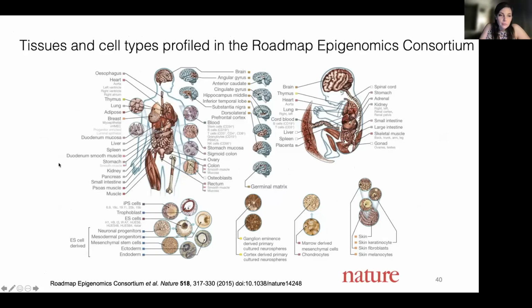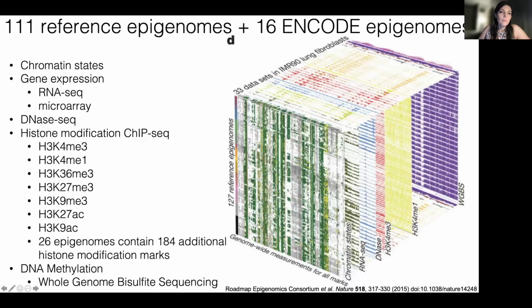So lots of different tissue types in adults. They even have some fetal tissue types. They have some embryonic stem cell derived tissues, like neuronal progenitors, some iPS cells, induced pluripotent stem cells, some different skin subtypes. So some really high resolution of tissues, which is very biologically important to think about. And so these reference epigenomes that I mentioned, and then the different epigenetic profiles are here in this figure.